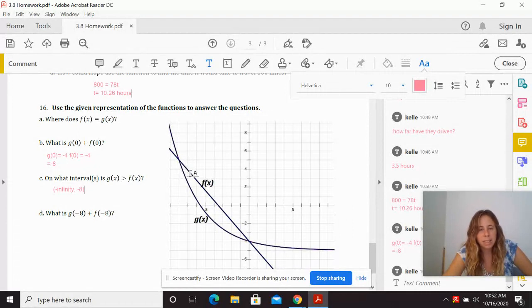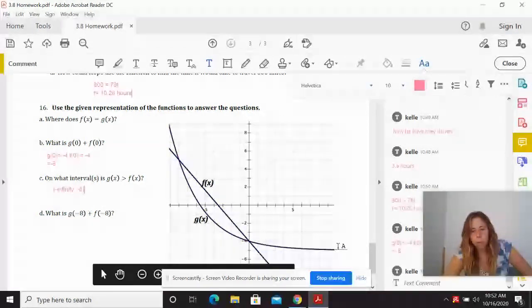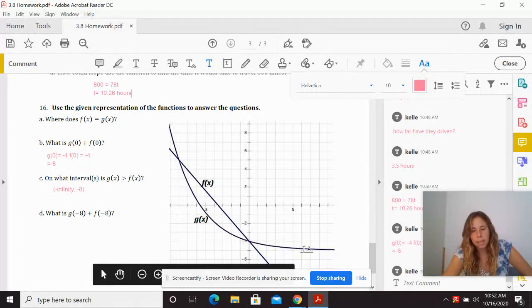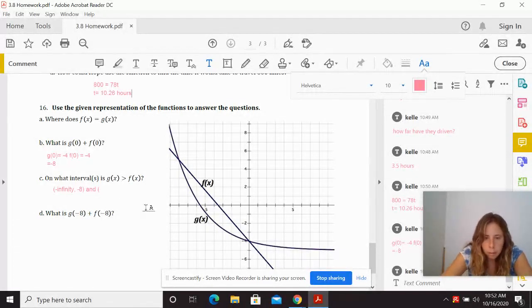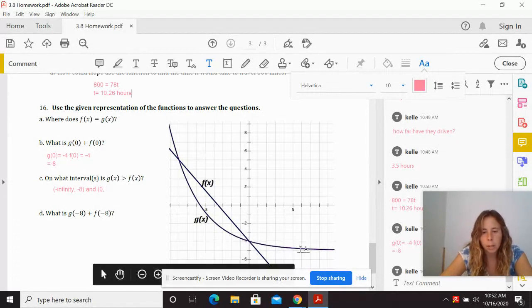See how the y values of f of x are higher than the g values. But then when we get here, all of a sudden g of x is greater again. It's higher up on the y-axis. So that one, and then in parentheses, when x is 0, that's when they're the same. But then after that, g of x is greater again, all the way to infinity. There you go.